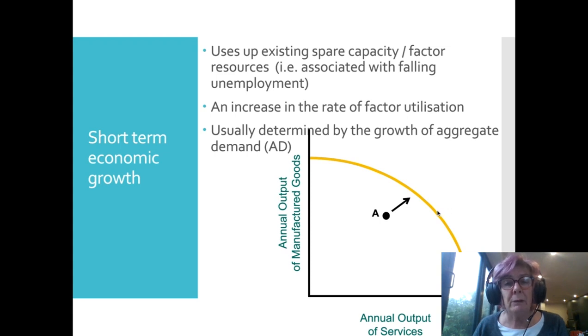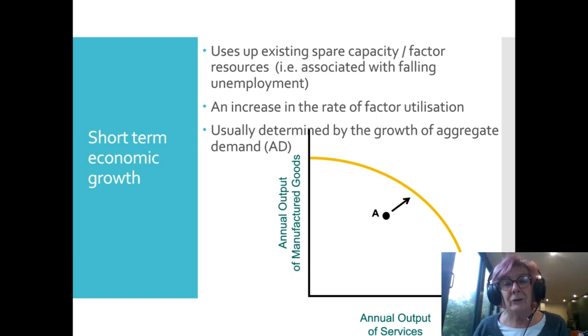If we use them all up and we use them in the most efficient way, then we'll be producing on this line here.